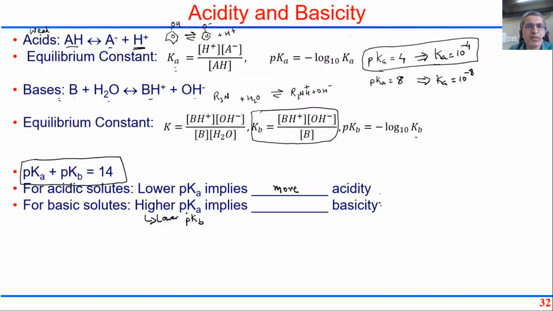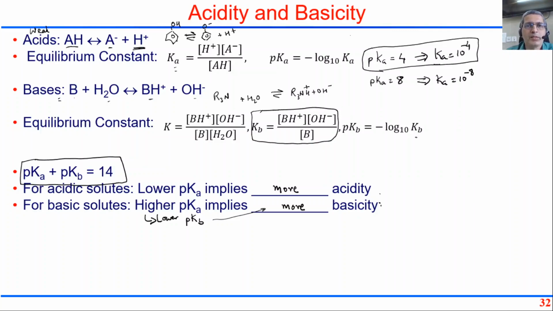So if I have higher pKa, it will have lower pKb, and therefore lower pKb would mean more basicity. Do you agree with that? Okay, just think about it. If you want, you can go back and revise your undergraduate course, see more examples, and make sure you really understood what we are talking about here.